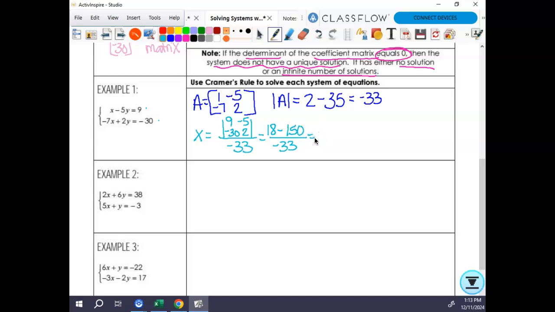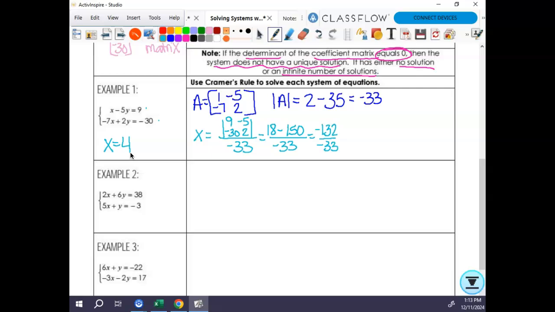So this is going to give me a negative 132 over a negative 33. And that means that, I'm going to put it over here so we have room, X equals 4 when you divide that out. Everybody okay with that? And you can use calculators on these to help you with the number.